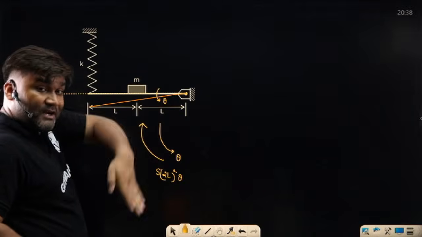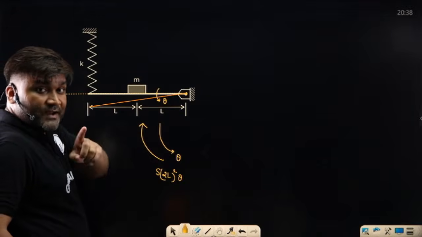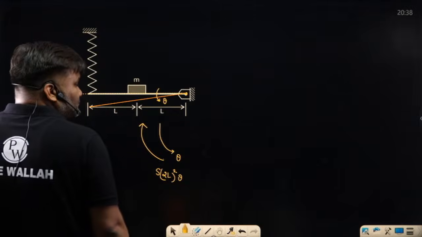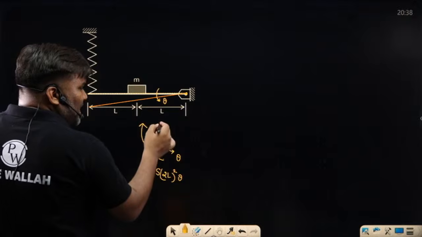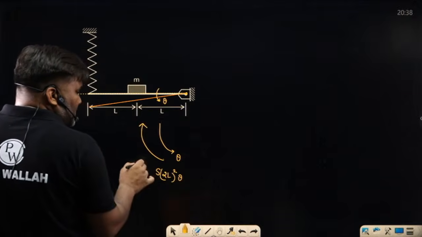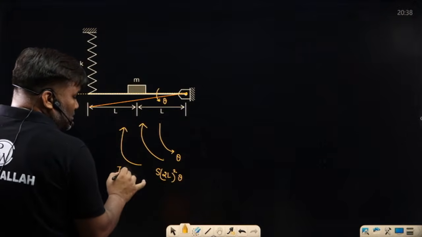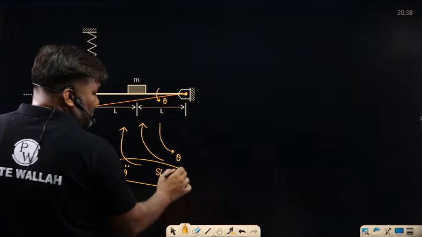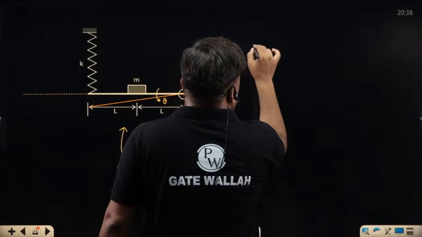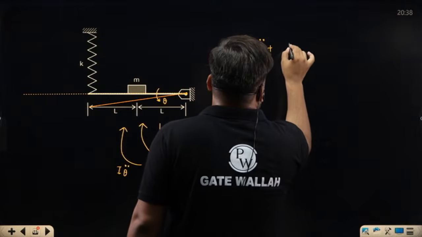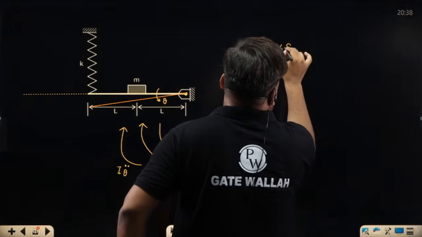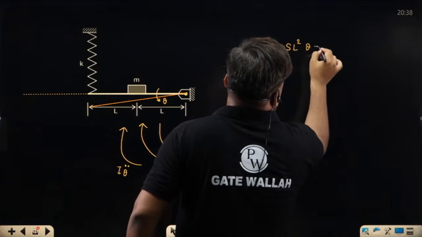If this was a vertical rod situation, weight will also participate. What else? Sir, ask D'Alembert, opposite to the acceleration, I theta double dot, and this summation becomes 0. So I theta double dot plus S 2L square, which becomes 4L square, theta is equal to 0.